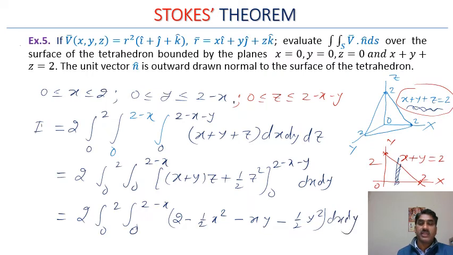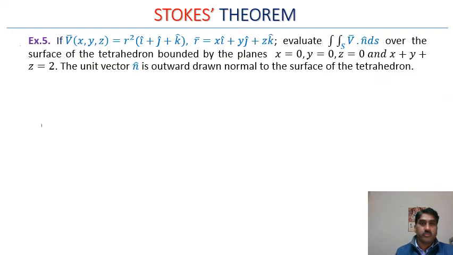Now you can integrate with respect to y because y has the variable integral. So let us integrate with respect to y now. So I can be written after integration with respect to y as 2 times 0 to 2, then 2 minus half x square.